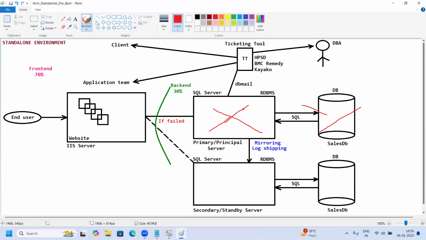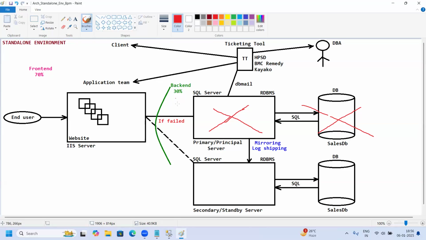Database not working. Failed. Some reason. Hundreds of reasons are there. I'm saying by some reason that SQL server has failed. This is what you call the principal or primary server. That has failed.